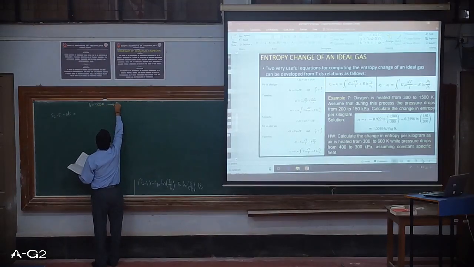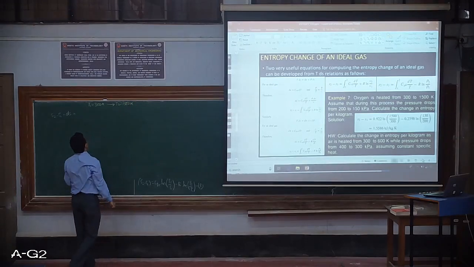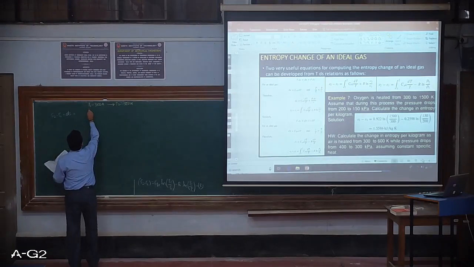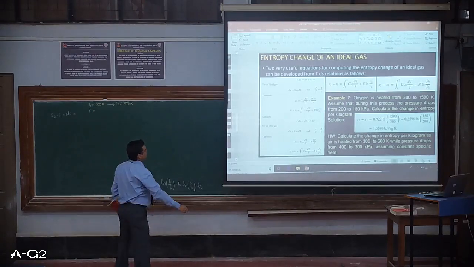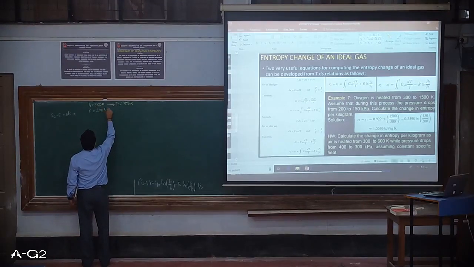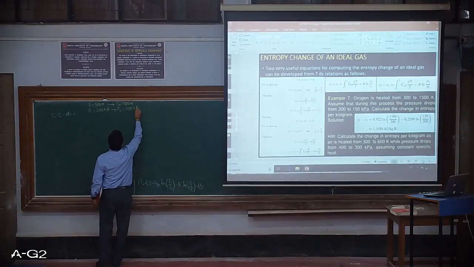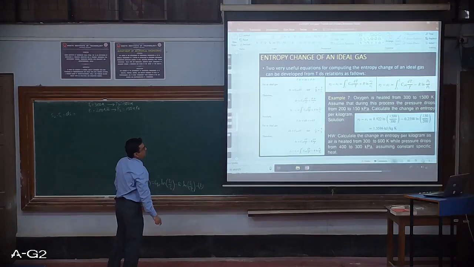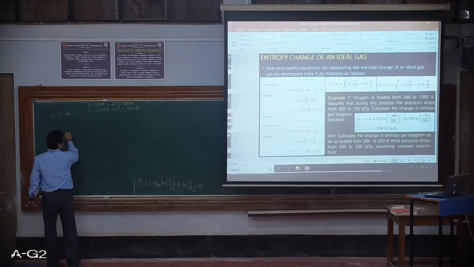It changes to T2 equal to 1500 Kelvin upon heating. Whereas the pressure drops from P1 is equal to 200 kilopascal, and it decreases to 150 kilopascal.